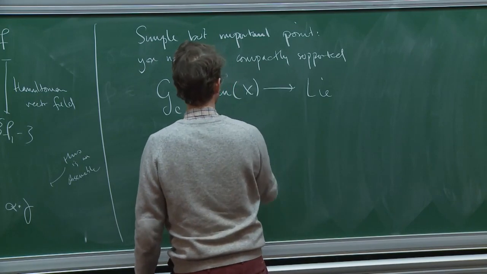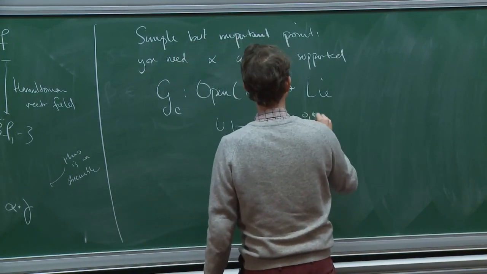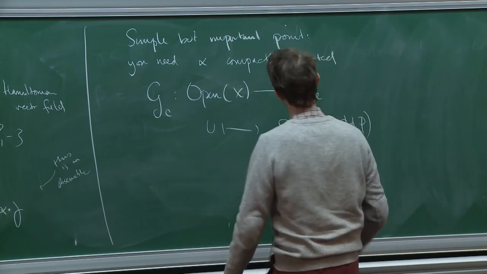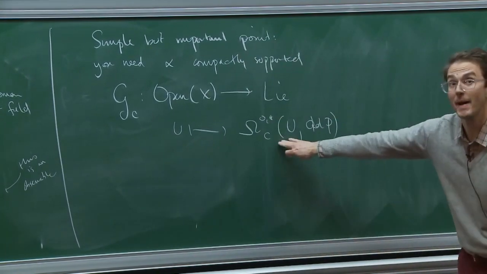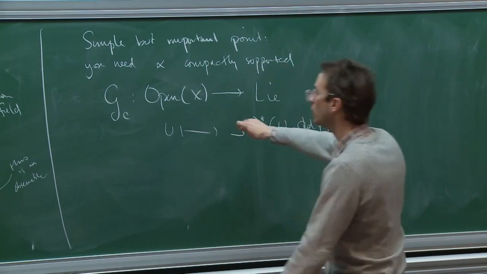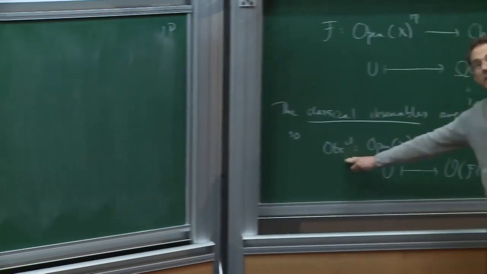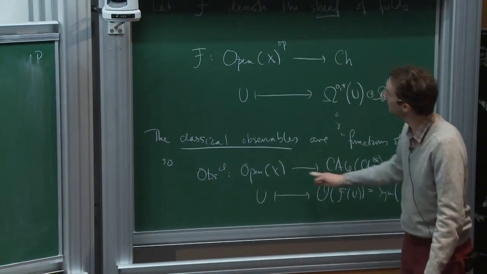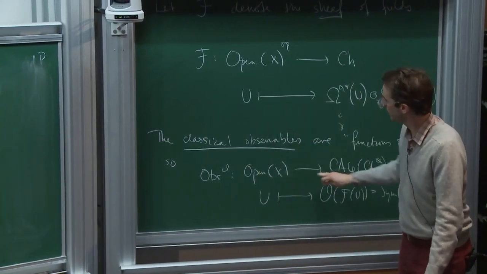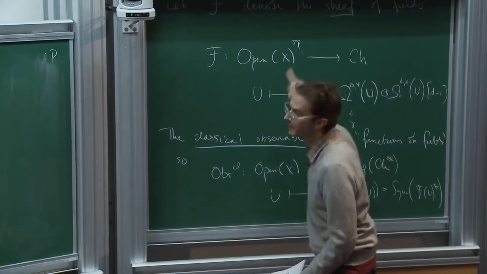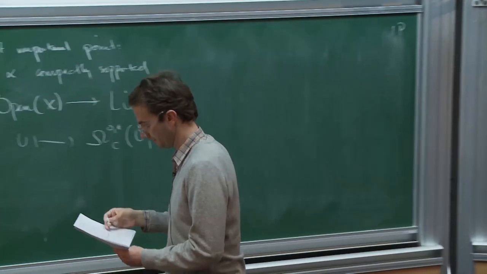It's going to send U to the compactly supported Dolbeault forms on U in this adjoint bundle. So this means compactly supported. And this is good, because I want G to map to the classical observables, right? And the classical observables is a functor this way. So it's a pre-co-sheaf rather than a sheaf. You see there's an op here. So this is a good thing.